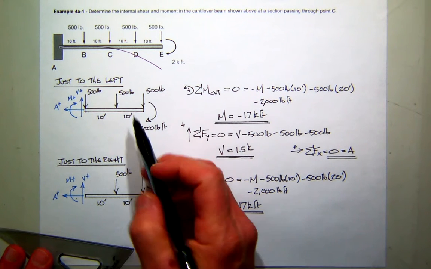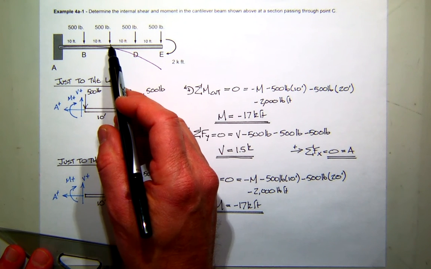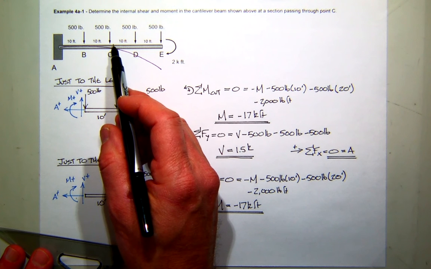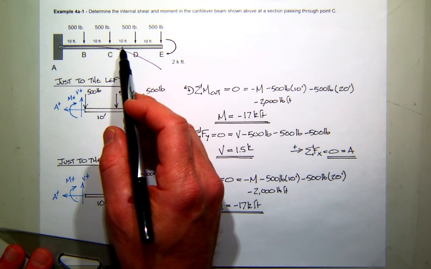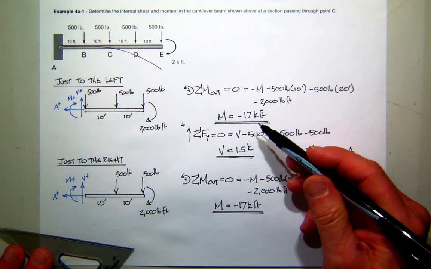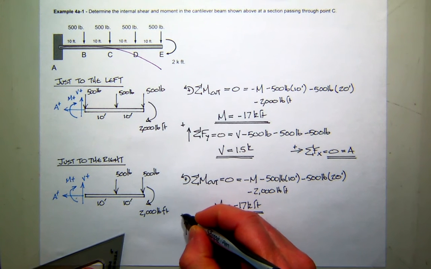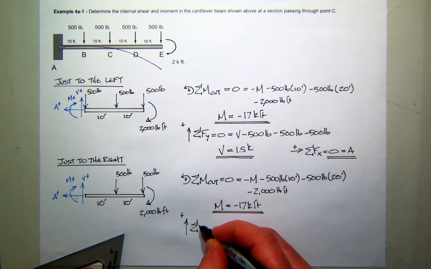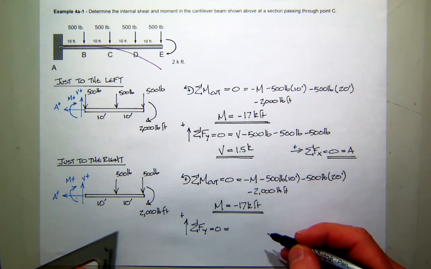So the moment is not instantaneously affected when you go from the left under applied force to the right. Now as we move farther over, you would see some change, but the moment diagram doesn't jump up or down. What about the shear force? If I sum forces in the y direction, let's see what I've got.